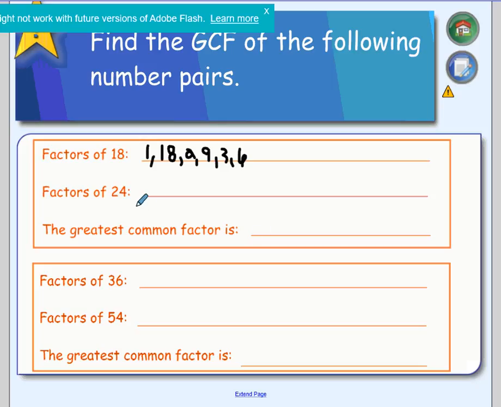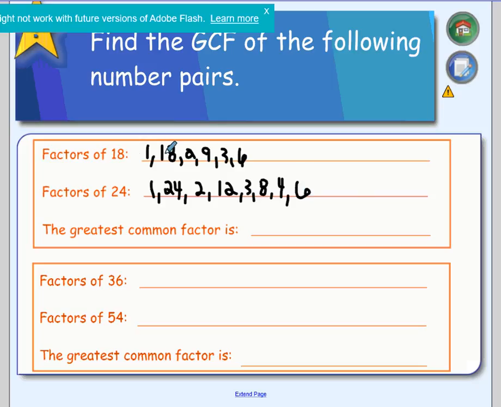My factors of 24, I'm going to have 1 and 24, 2 and 12, 3 and 8, and 4 and 6.